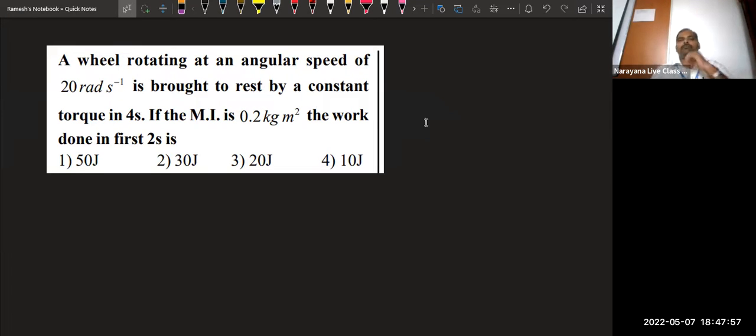Where will we substitute the time? After time 2 seconds, you have to calculate the final angular speed.